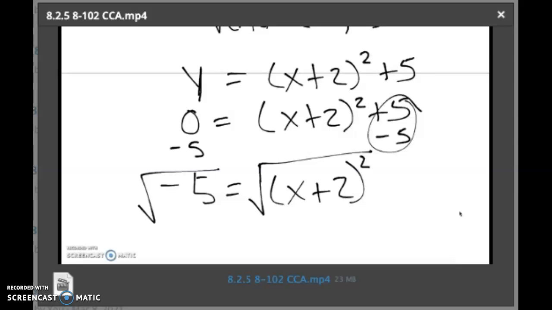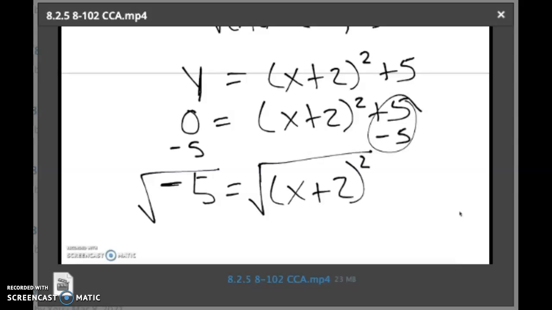The reason being is if I was to take, let's say, the square root of 16, we could get plus or minus 4, because 4 times 4 is 16, and negative 4 times negative 4 is 16. So anytime I square a number, I'm going to get a positive number. So there's no way that I could square something and end up with this negative number. So I cannot take the square root of a negative number.